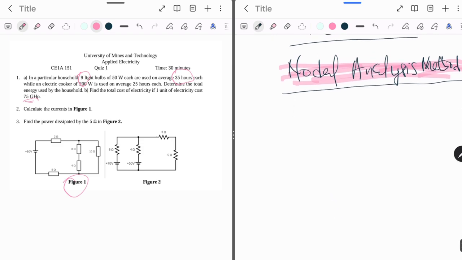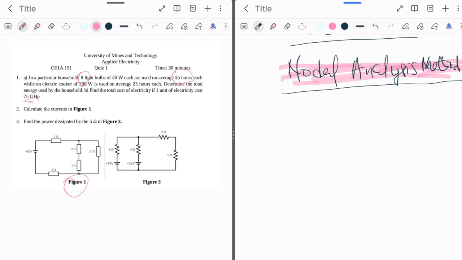So in using the nodal analysis method, first, I'm going to sketch the circuit diagram again and then indicate the currents in each branch. Then the next step will be to apply Kirchhoff's current law at each node, and write the Kirchhoff's current law equations for the circuit diagram.